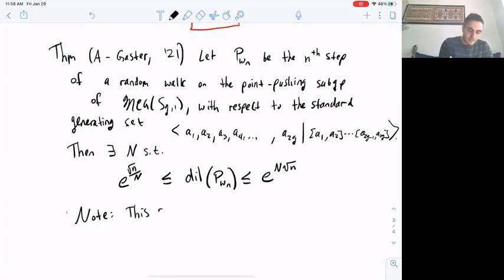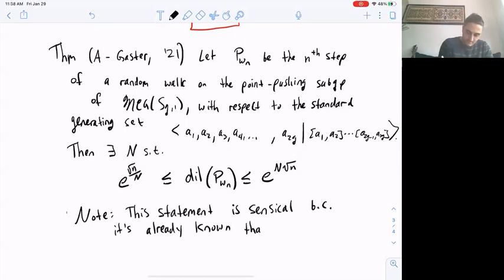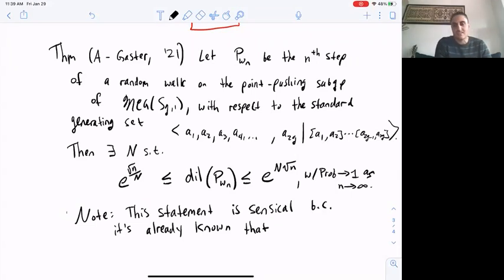This statement is sensical because it's already known that, and by the way, I'm being very sloppy here. So what I should say here is with probability converging to 1 as n goes to infinity. Now it's a complete sentence. Okay.